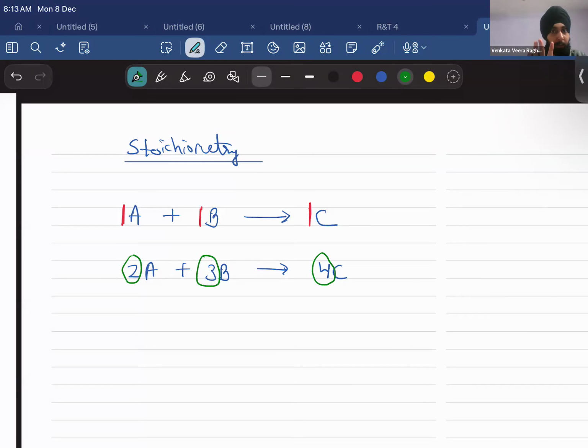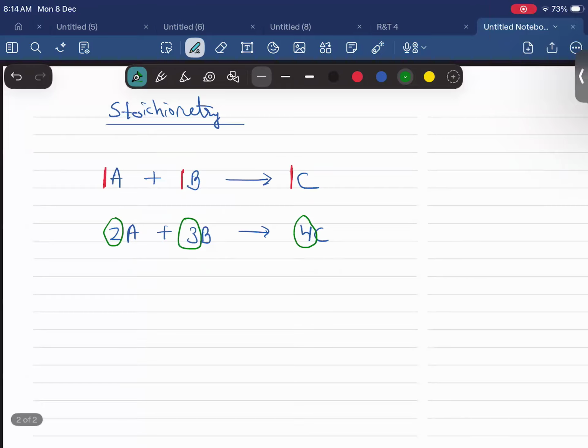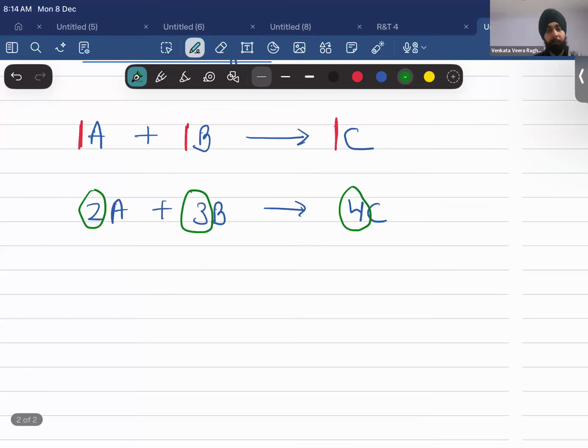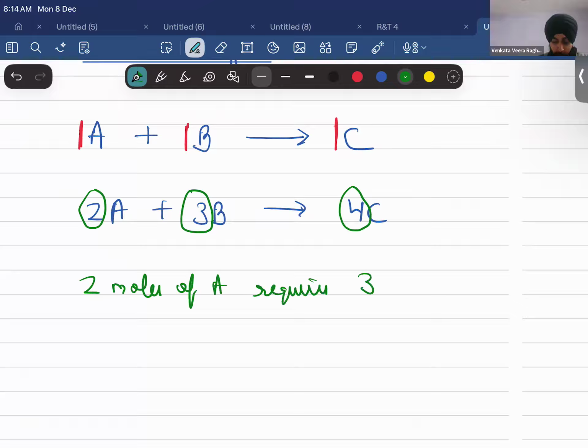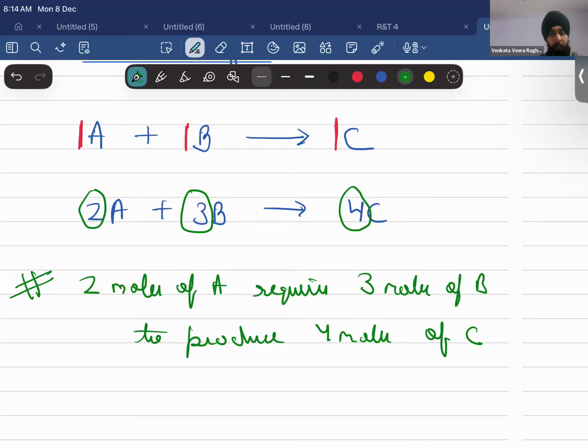Yes. So, if you can answer this in terms of number of molecules, you can also answer this in terms of number of moles. That means you can say that 2 moles of A requires 3 moles of B to produce 4 moles of C. This is how we have to read a chemical equation.